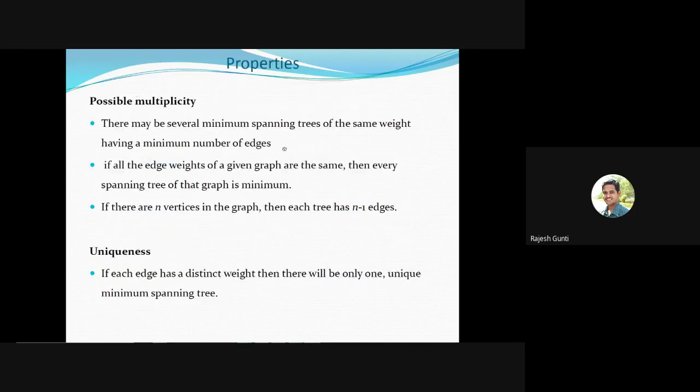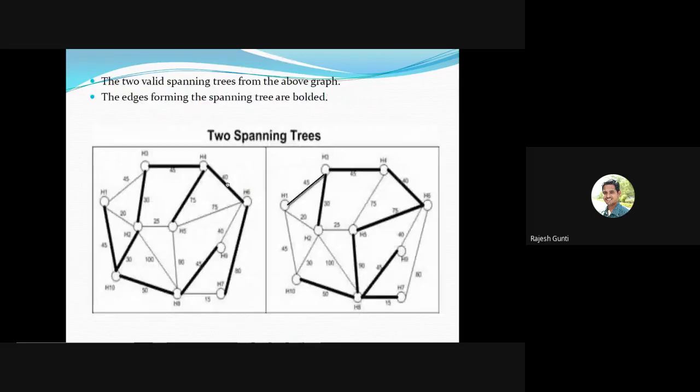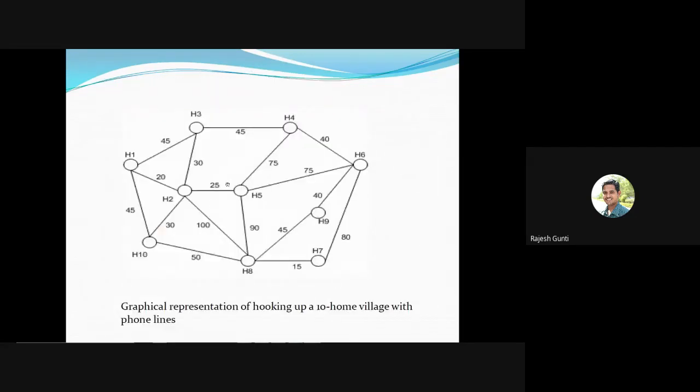So for example, suppose this graph is there. I want to move from one vertex to another vertex, I want to cover all the vertices, and the total weight should be minimum. Like that, we have to convert.